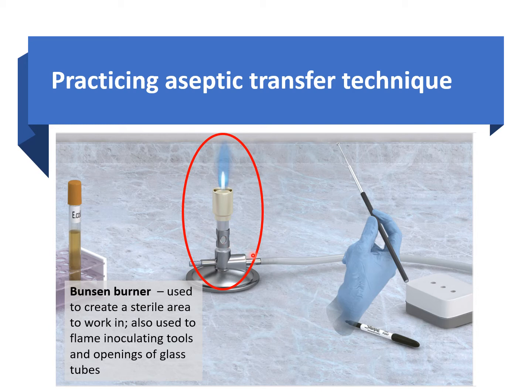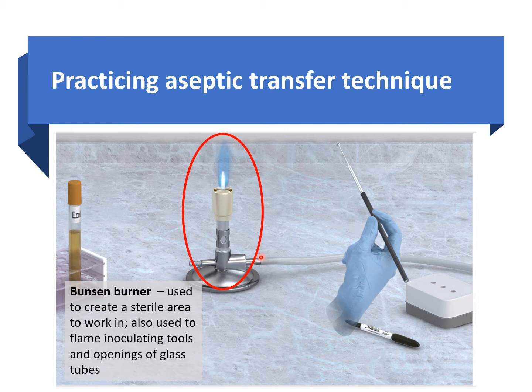So you want to make sure, as I said, when you're working, work near your Bunsen burner so that you can stay within that sterilized zone, because the heat from that open flame is going to create a zone around that Bunsen burner. It's basically going to prevent the bacteria from the air from falling down onto, let's say, your media plates, okay? And so it's going to prevent that from happening. And so that's why it's important that you work near that Bunsen burner.